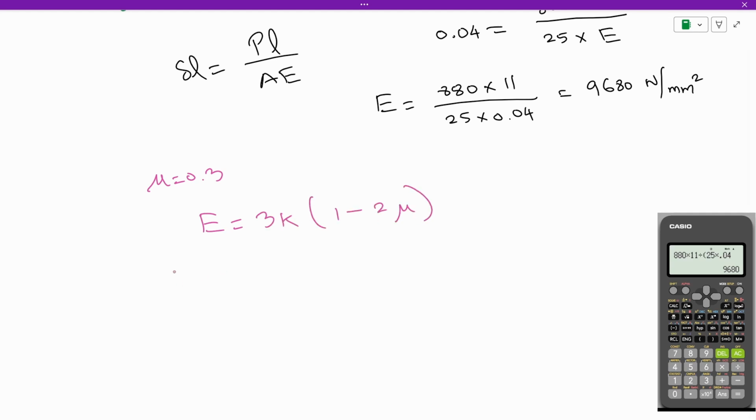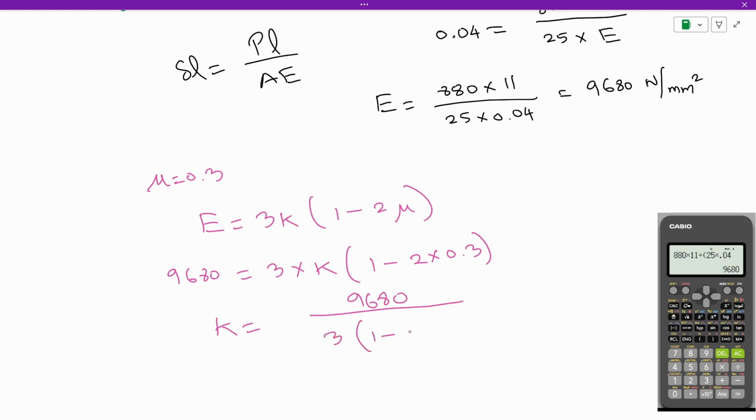E value you know: 9680 is equal to 3 into k of 1 minus 2 into 0.3. Okay, so we can identify the k value. K value is equal to 9680 divided by 3 into 1 minus 2 into 0.3, we can put 0.6.